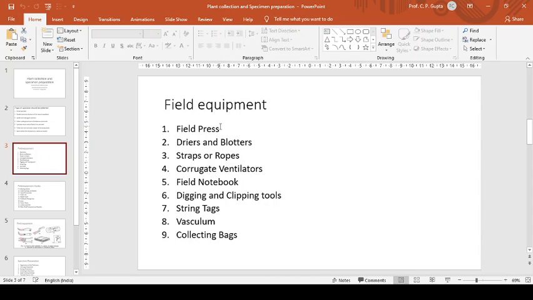Then dryers and blotters. These are sheets of heavy blotting paper or other moisture absorbing material of 11 by 16 inch dimension. Old newspapers are also used as dryers.